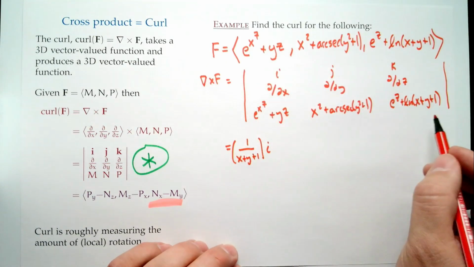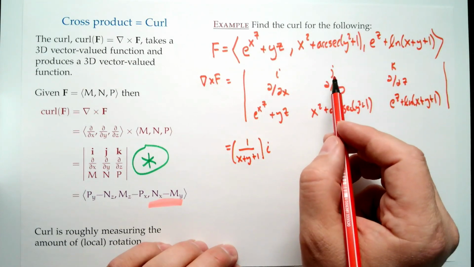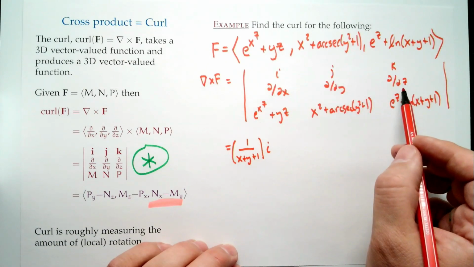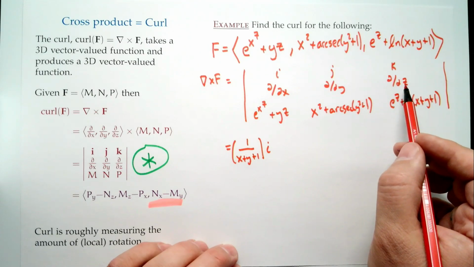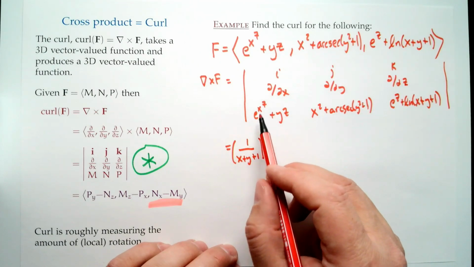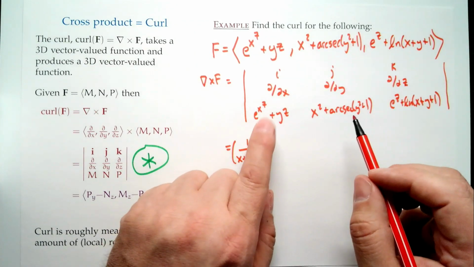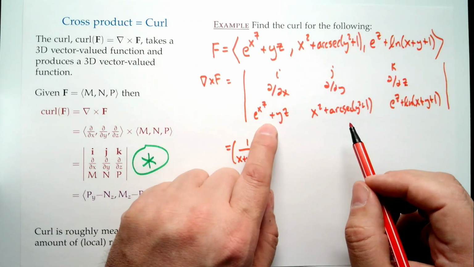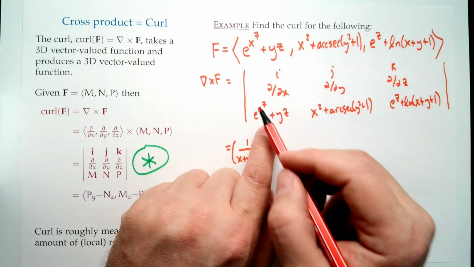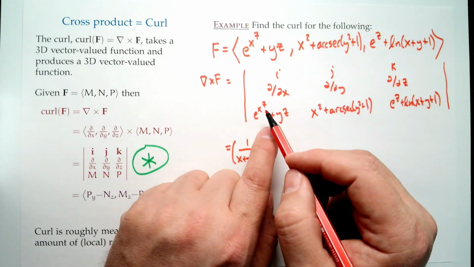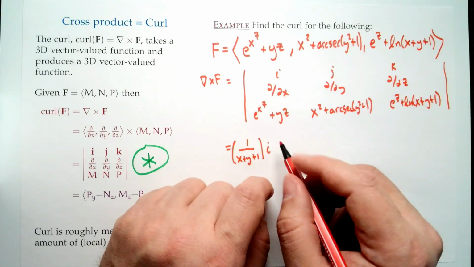So that's my first diagonal. Go to the next one. J, partial z of e to the x to the 7th plus yz. Now, so I'm taking the derivative with respect to z of that entry. Well, what happens to e to the x to the 7th when I take the derivative with respect to z? Goes away.